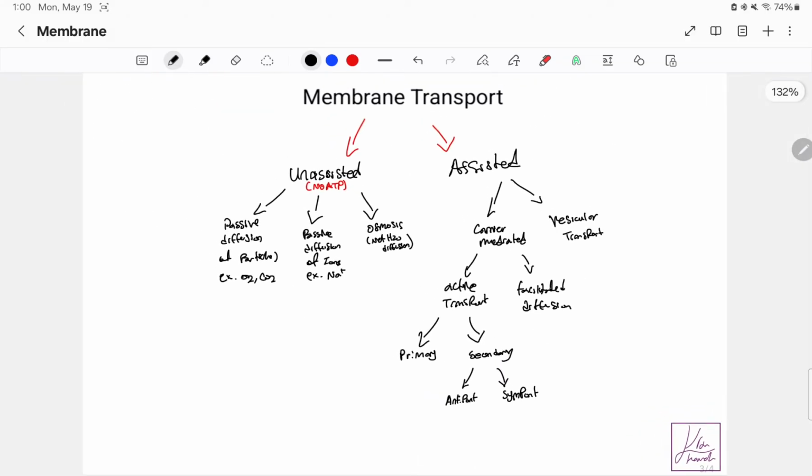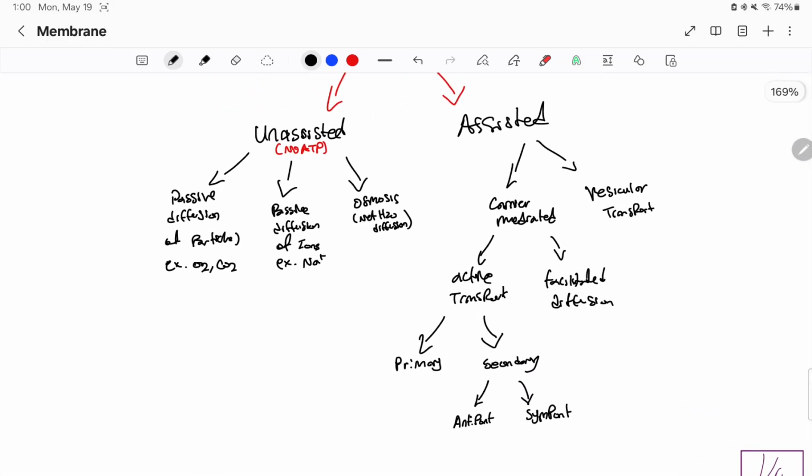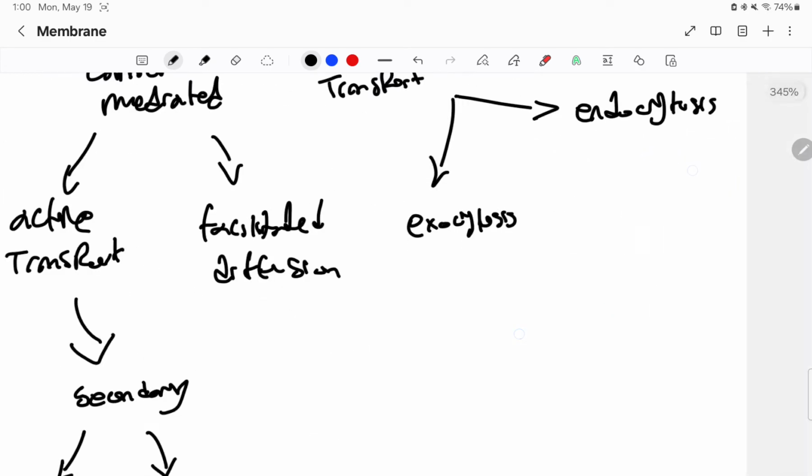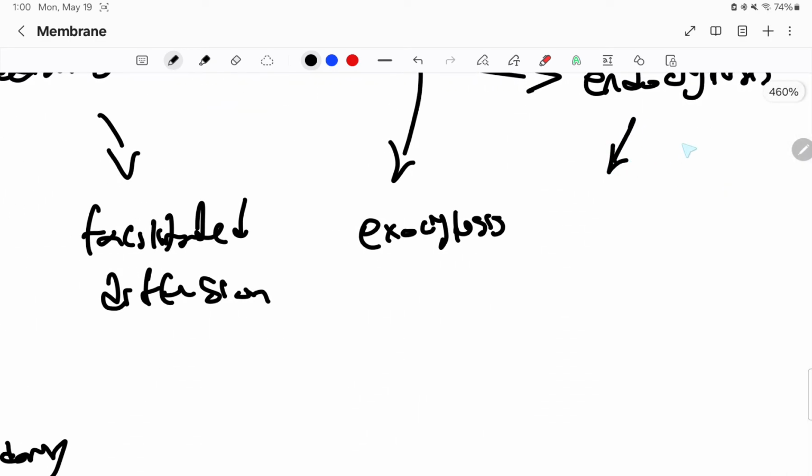I promise I'll explain this. Now, vesicular transport you can split into two types as well. One being called exocytosis, the other called endocytosis.